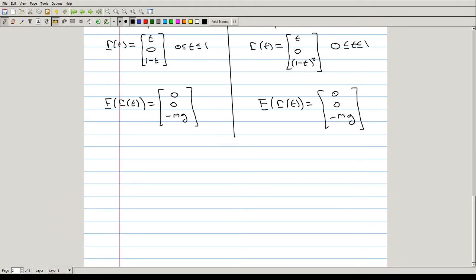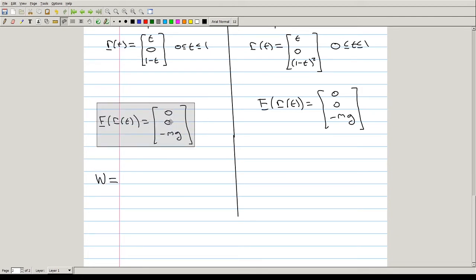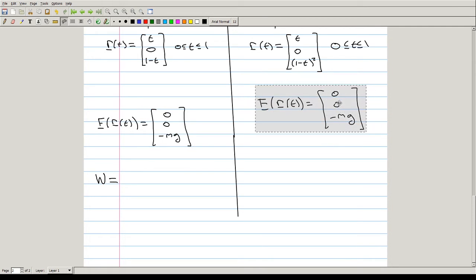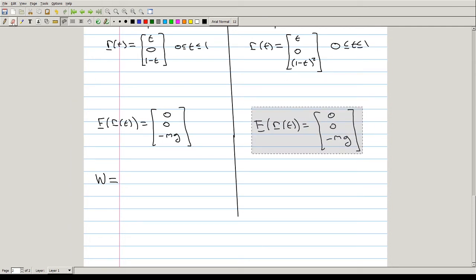So if we continue onwards, now that we have the curve r of t parameterized, and we have F of r of t, we can go through and evaluate the line integral for work. I guess before we do that, we know that in that line integral we're going to need the expression for r prime as well.